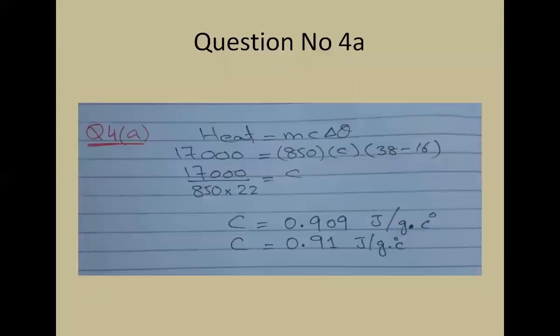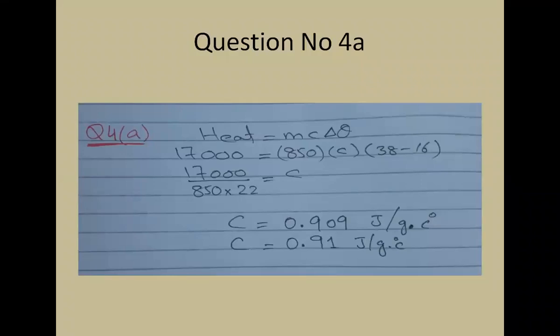Here we go. Heat is equal to mc delta theta. Heat is 17,000 joules. Mass is 850 gram. c is the specific heat capacity and is the question. Delta theta means change in the temperature, and that will be 38 minus 16. So 850 multiplied by 22 into c. When you make c alone, 850 and 22, the change in temperature, will go to the other side and divide there.